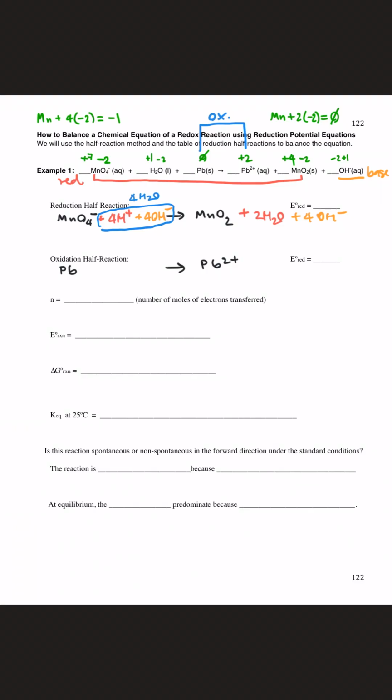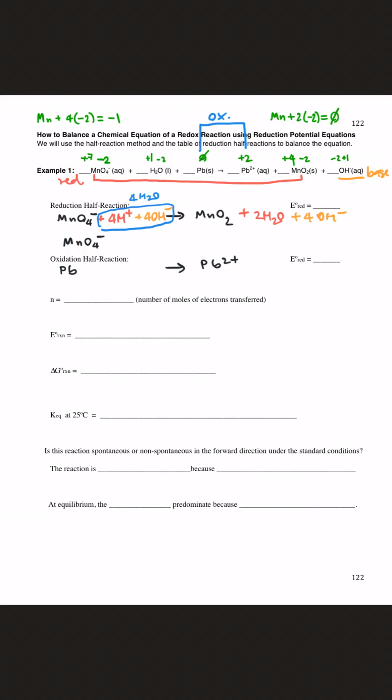Therefore, in this case, the product of this reduction half reaction would be manganese oxide ions, plus 4 water. But wait a second, the water is also present on the reactant side as well. Therefore, these two can also cancel each other out.